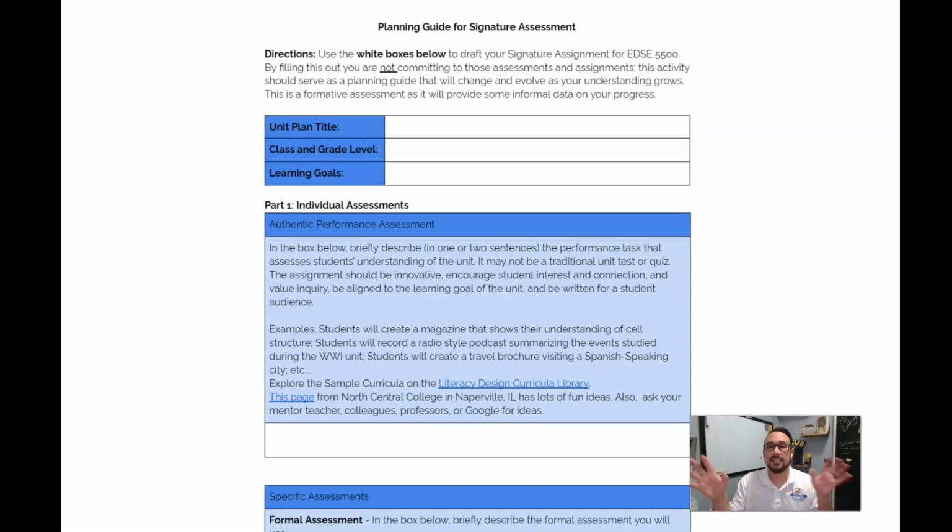This is not a commitment. You're not officially married to this. You can change your mind, but I want to see if you're going in the right direction here. So each of the boxes, basically, you're going to fill out the white box. Okay. So that's the assignment here, is fill in the white box. All right, with 1 to 2 sentences.